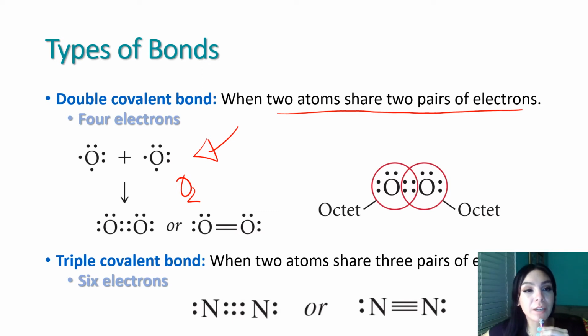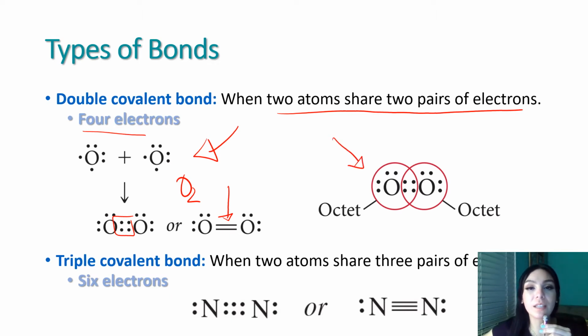Those oxygen atoms will share 2 pairs of electrons. So you'll have 2 covalent bonds, and we call that a double bond. So it's a total of 4 electrons, 2 bonds, we call it a double bond.